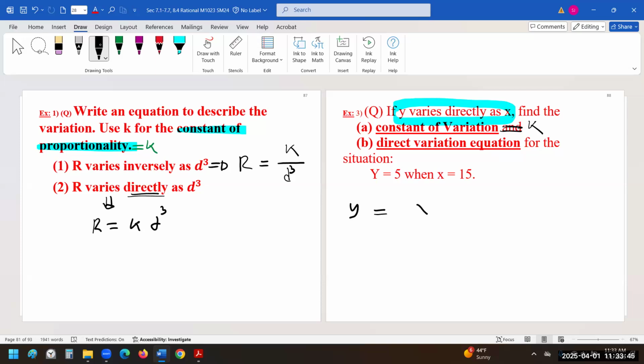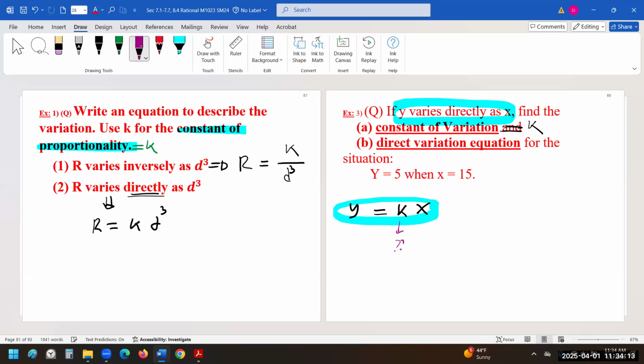So directly means they're on the same level. So Y equals X, but they're changing with some type of rate K. So step one, rewrite the information in mathematical notation. And now you cannot stop here because they're telling us, find what is K.